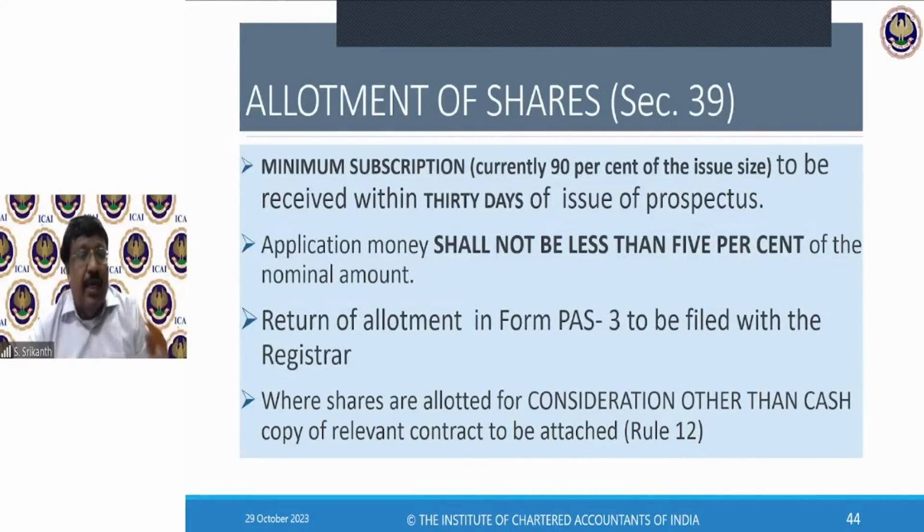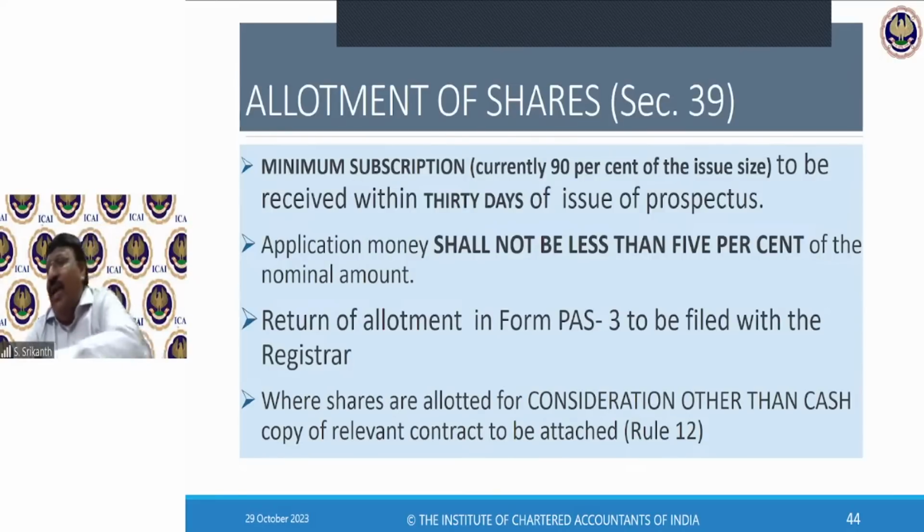Even then, the application money cannot be less than 5% of the nominal value, which means 5 rupees minimum on a 10 rupee share. This is called the minimum application amount. But usually they collect the entire amount in one shot.